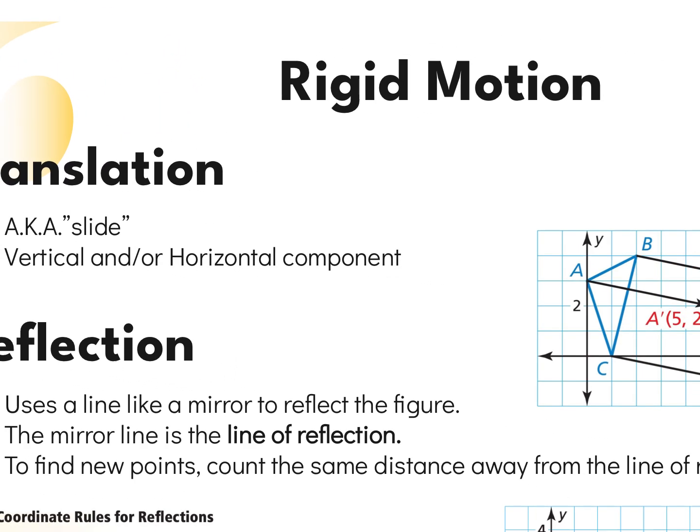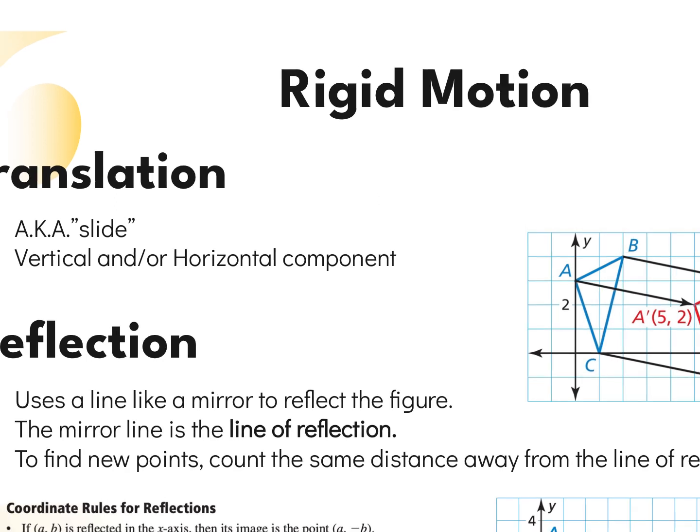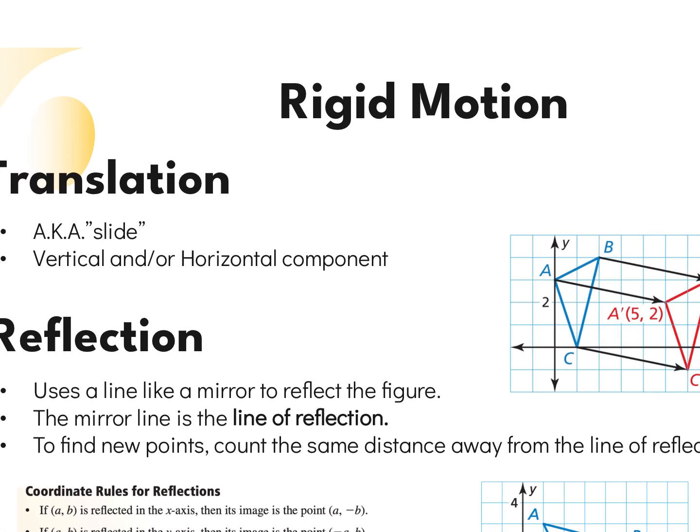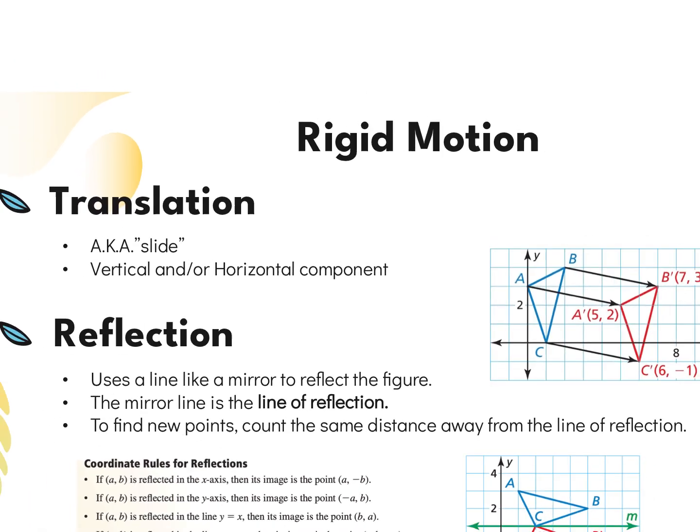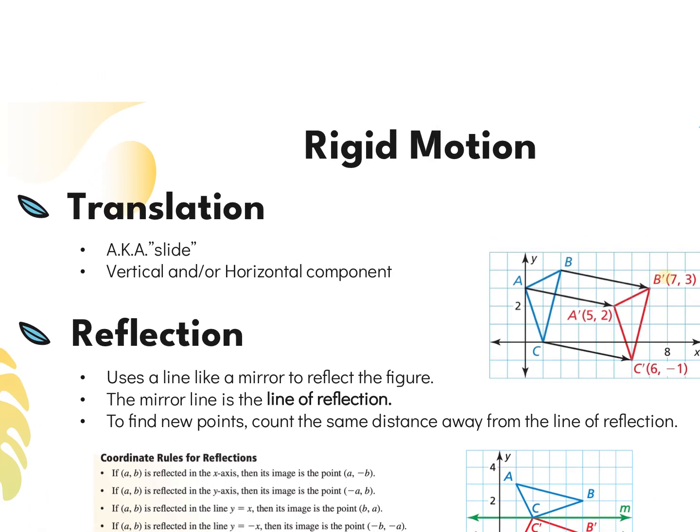Okay, so if you're looking at the diagram to the right, that is a slide on the graph. So I'm going from my original to my new image. And we could tell, again, my new image is the one with the apostrophes. So my original to my new, this is going to be my new image right here.